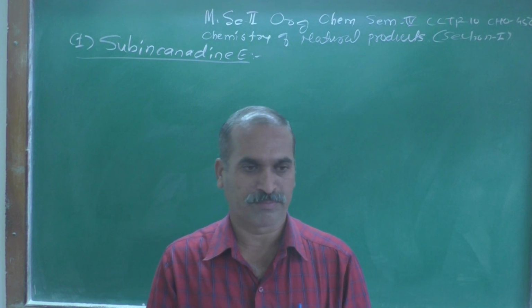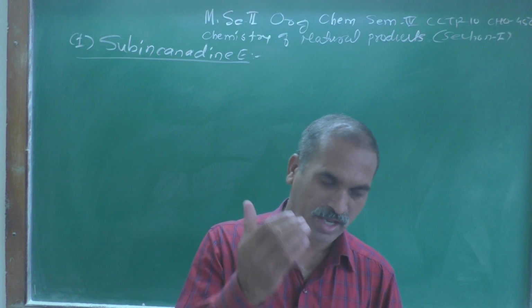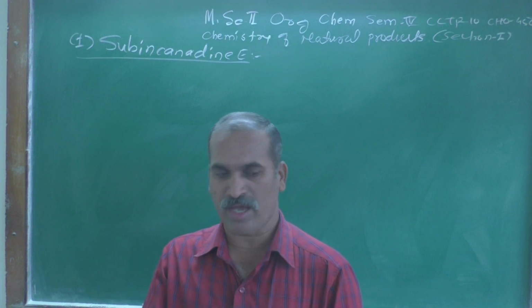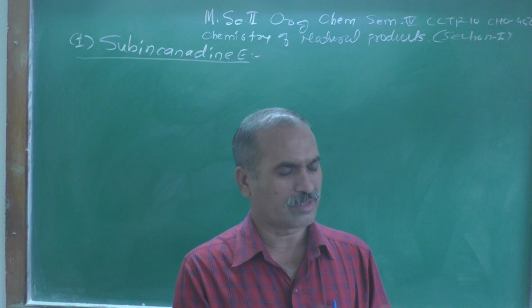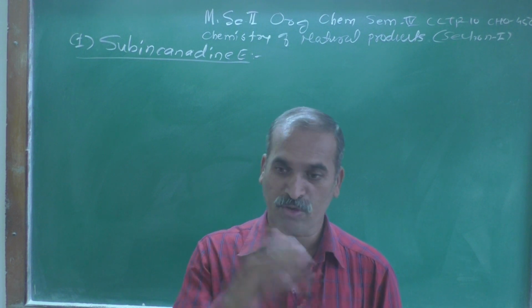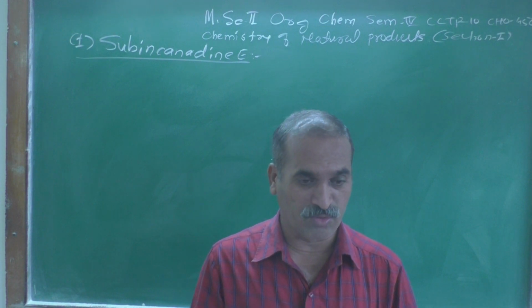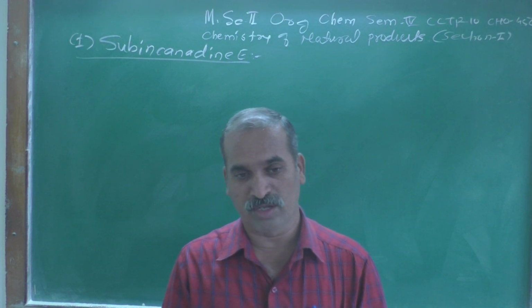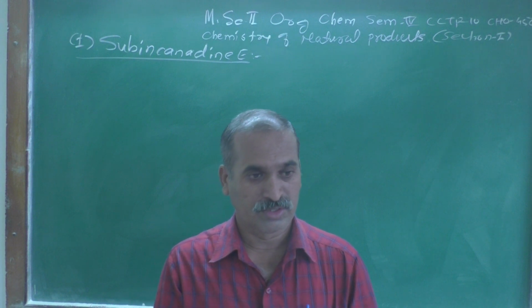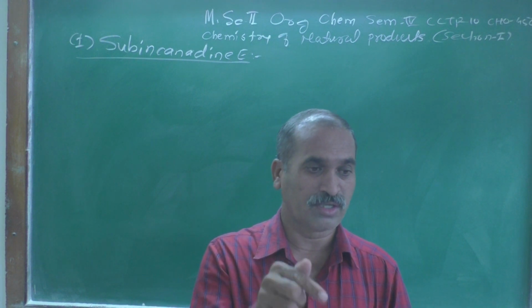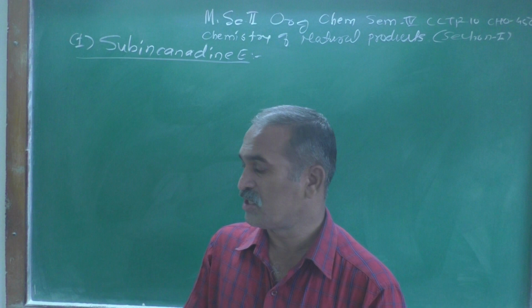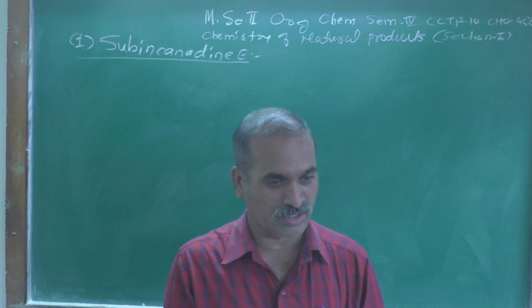And if you see organic compounds, I think more than 75% of organic compounds contain a carbonyl group, and the carbonyl carbon has a positive charge, meaning it is electropositive in nature.